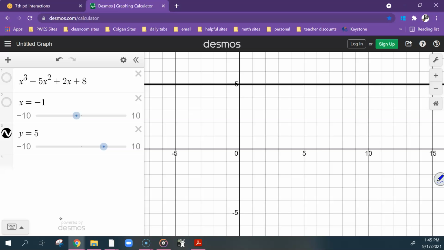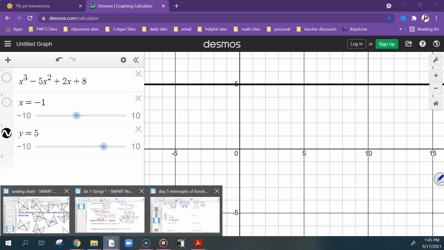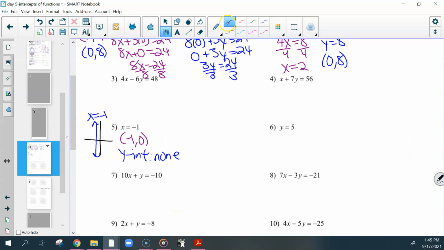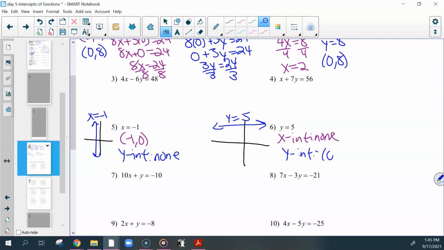You'd have infinitely many solutions there, and you wouldn't get a problem like that. So our x-intercept would not exist, and our y-intercept would be at 5.